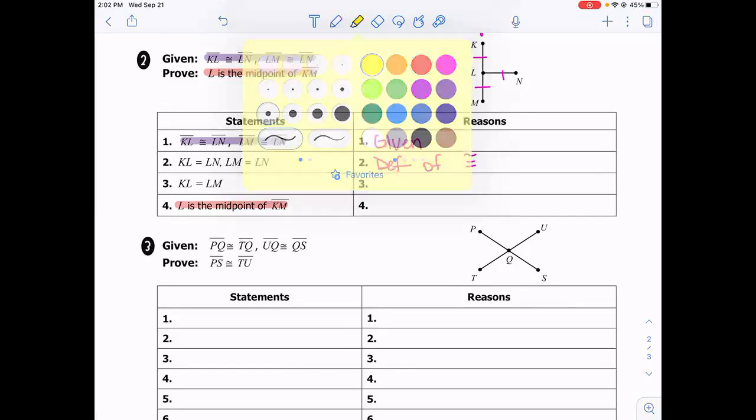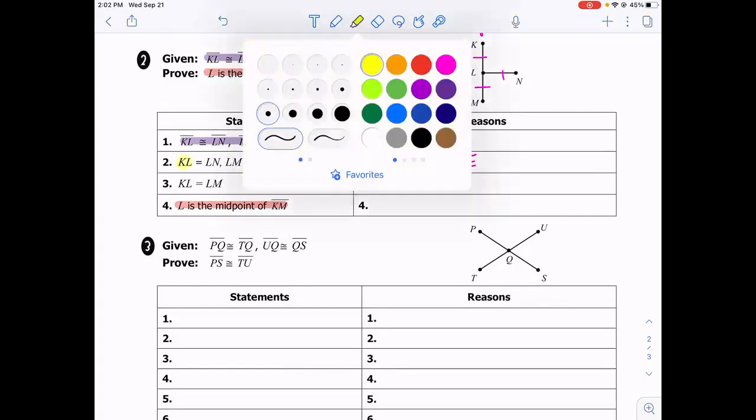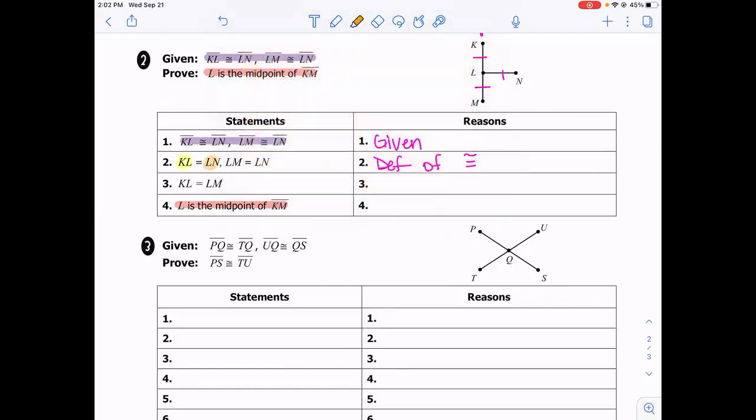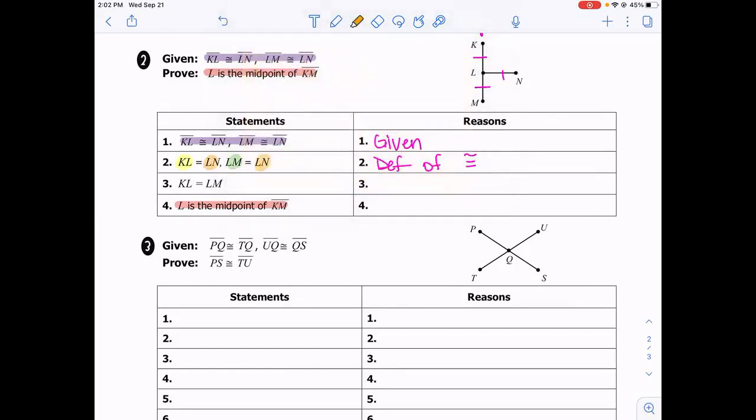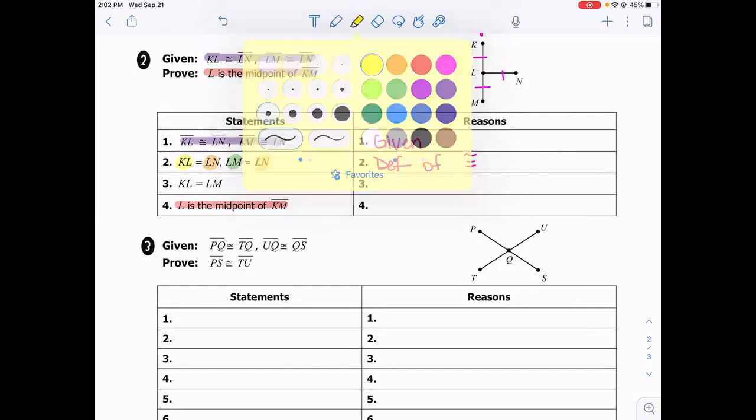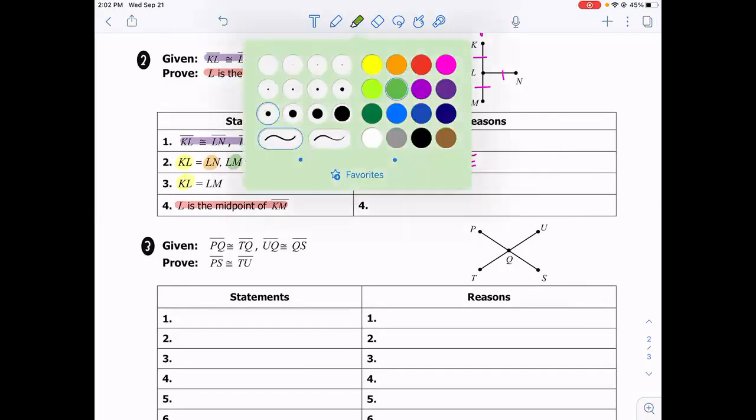Okay, notice how we have KL equals LN and LM equals LN. What property tells us that KL and LM are the same? Transitive, I guess, since somebody said it.